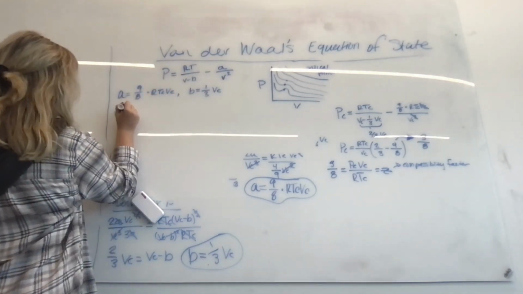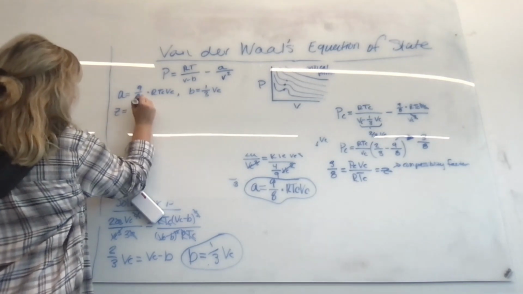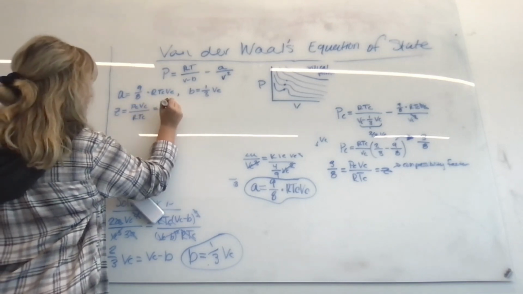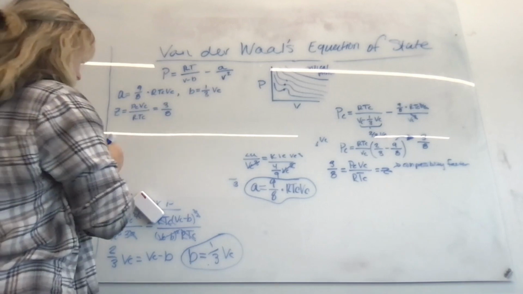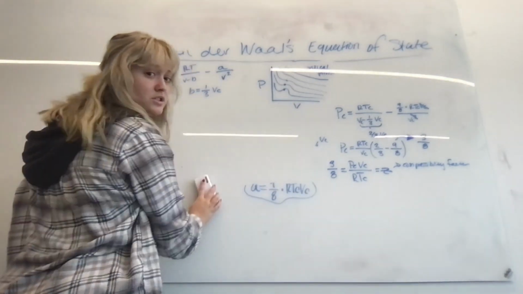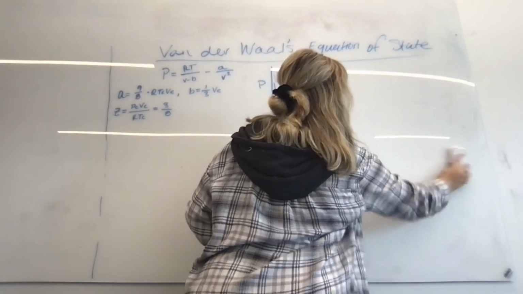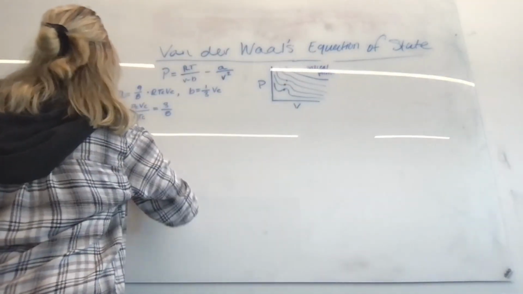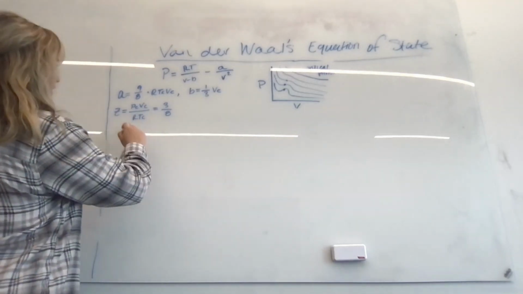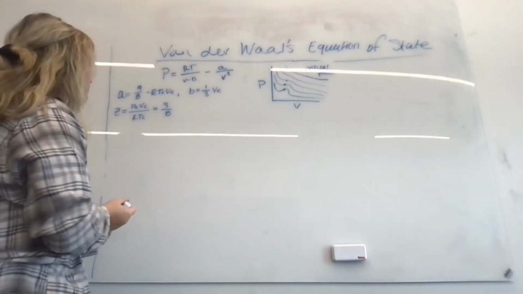And our Z is equal to P_C times V_C over R T_C, and that is equal to 3/8. So now let's erase all of this here. And what we're going to do is plug this Z value into our A and B parameters in order to find their actual numerical value.